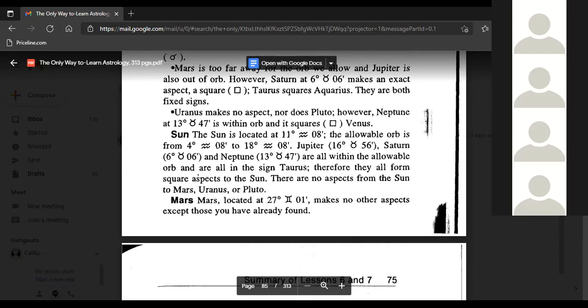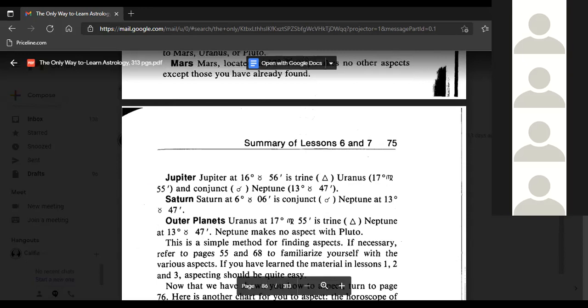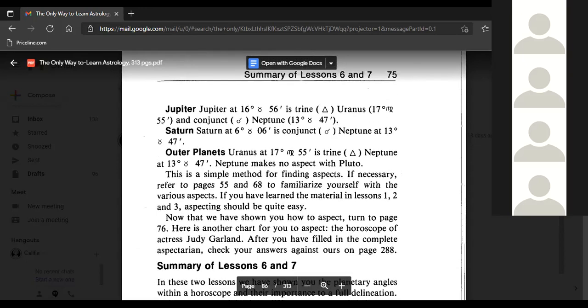Mars located at 27 degrees Gemini, 1 second, makes no other aspects except those you have already found. Jupiter at 16 degrees Taurus, 56 seconds is trine Uranus, 17 degrees Virgo, 55 seconds, and conjunct Neptune, 13 degrees Taurus, 47 seconds.